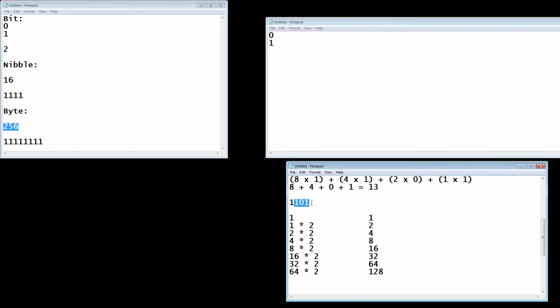Alright, so we got 9 so far. Did I just say 9? Oh, I am way off. Sorry, we're going to retrace because I was actually wrong.